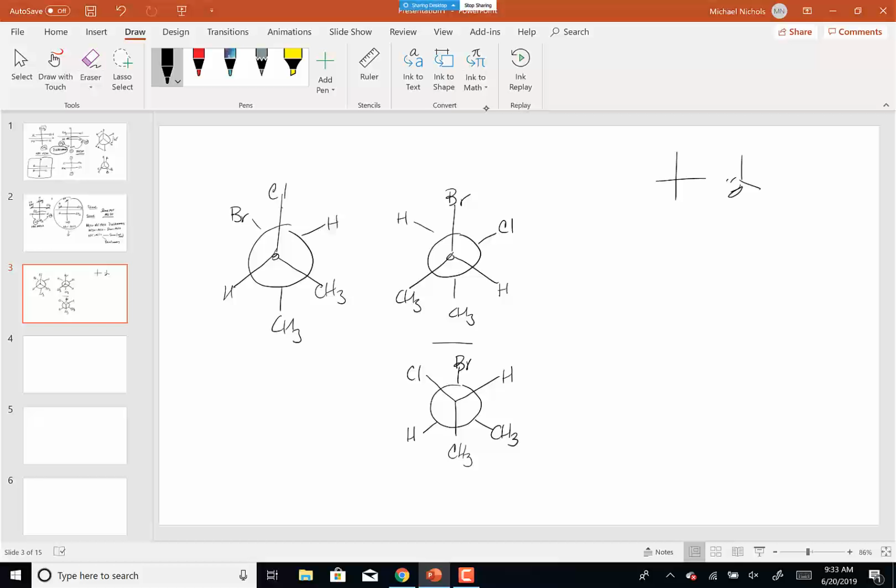So now I have this molecule and this molecule in the same orientation, except I really don't yet. But at least I've got the front carbon with the same front carbon and the same back carbon. At least I got that now.